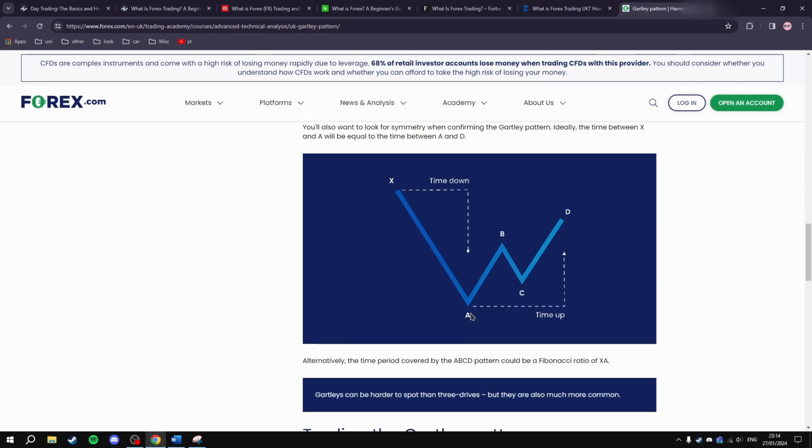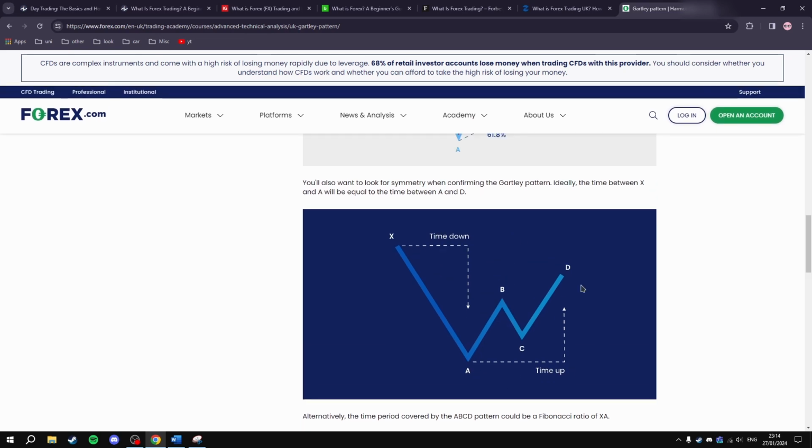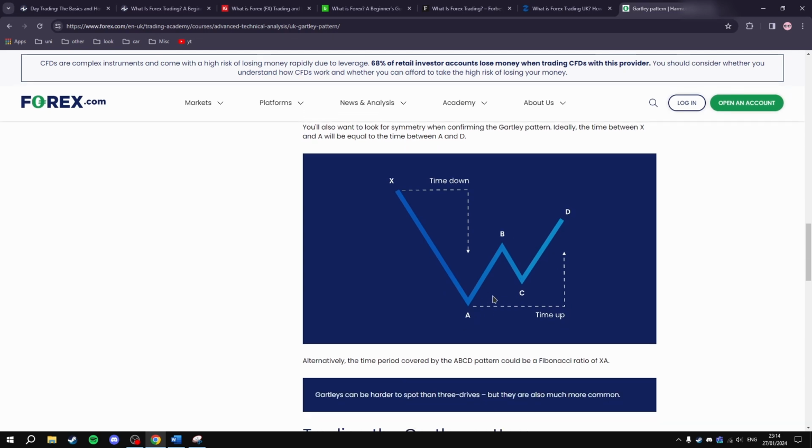Time down, time up. Oh, so that should be the same as that. Alternatively, the time period covered by the ABCD pattern should be a Fibonacci ratio of XA. That's a lot of Fibonacci ratios.